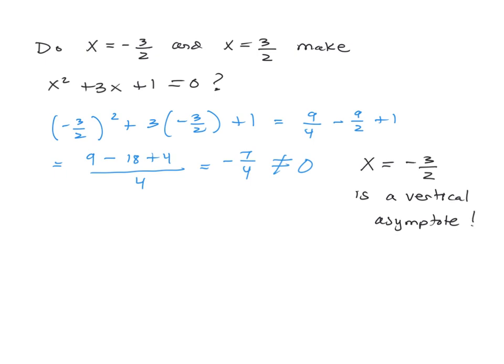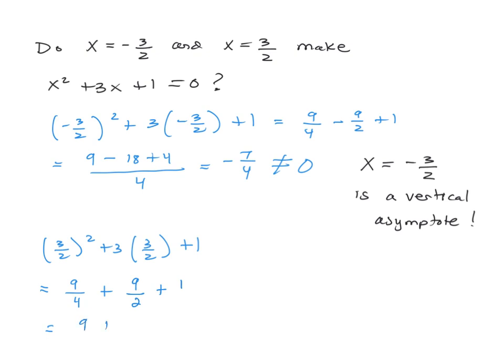I'll also check x is equal to positive 3/2. All right, so there we have 3/2 squared plus 3 times 3/2 plus 1. I mean, there's no way this is going to be 0, but just to get a number for it, that's 9/4 plus 9/2 plus 1, common denominator 4.